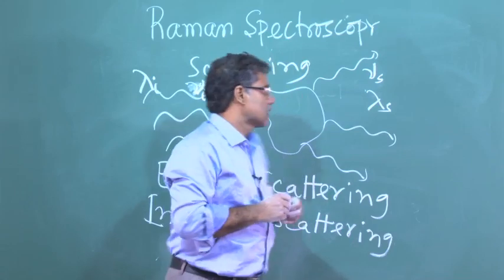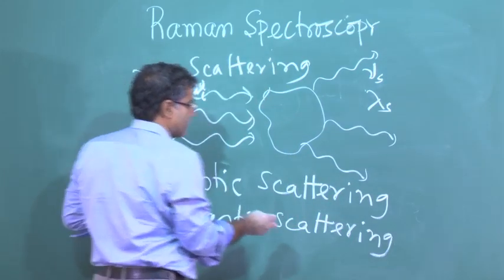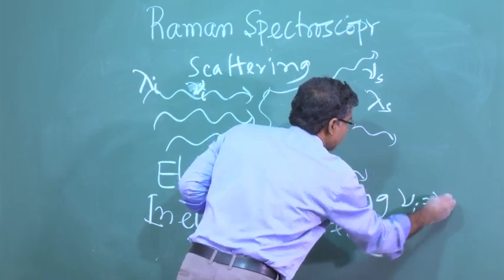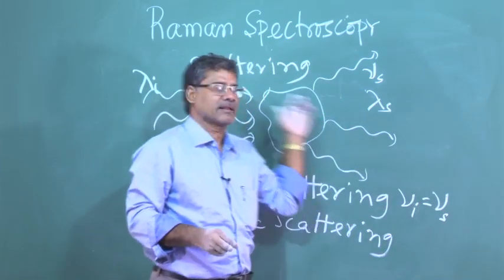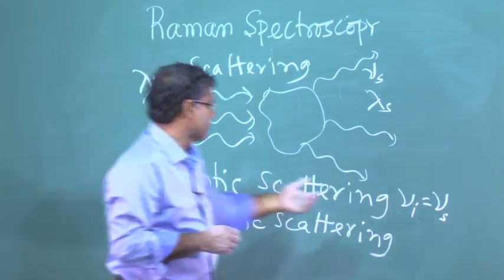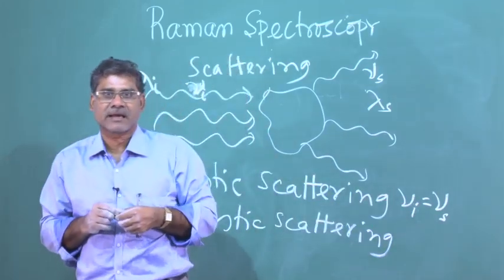Okay. So, if nu I equals nu s, that is, the incident one and the scattered light have the same wavelength, then it is called elastic scattering.